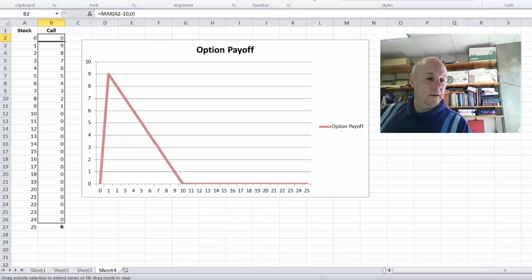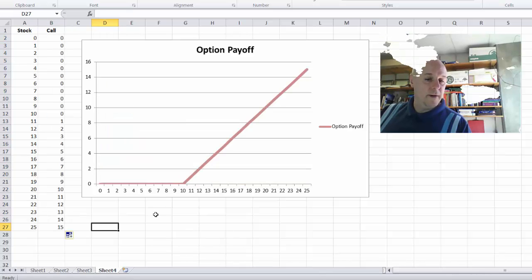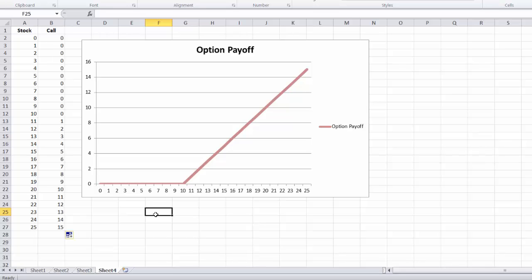So there's my call option. Let's just say that I own a stock and it's currently at $10. So I bought the stock and it's currently at $10.